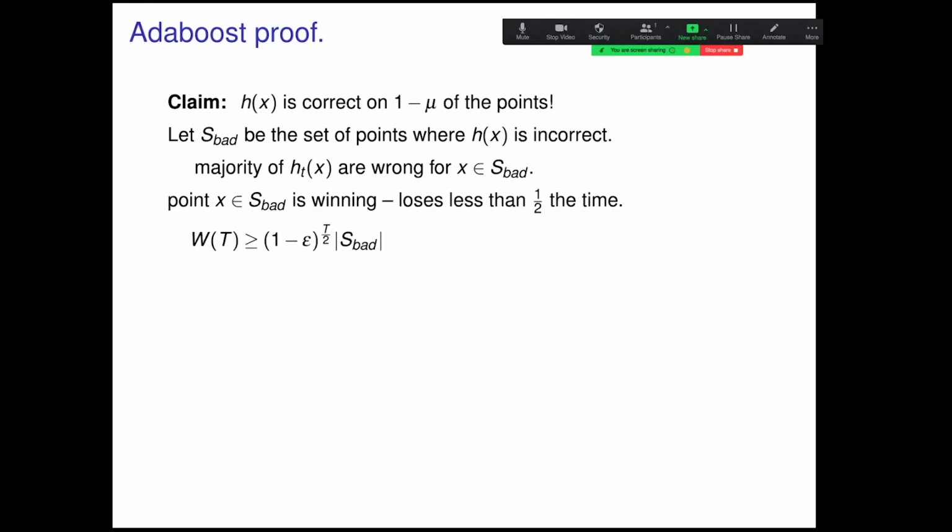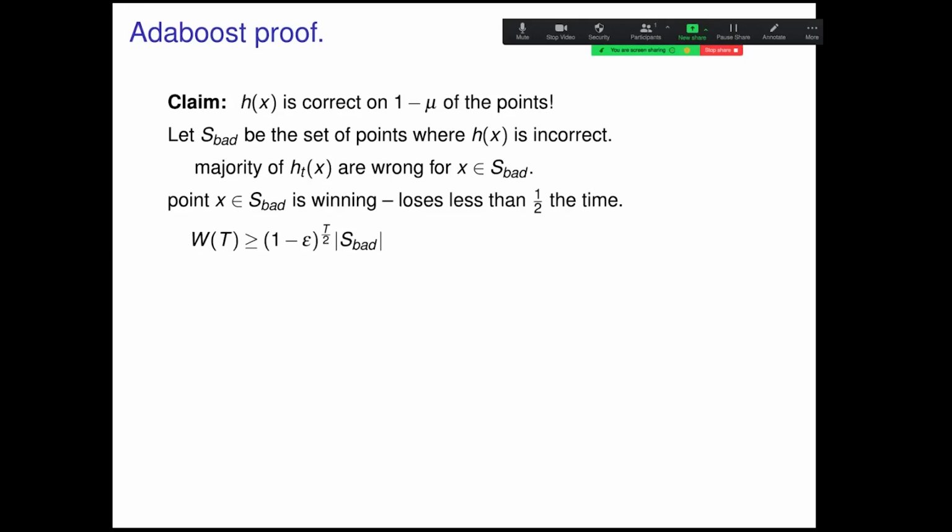Okay? So this tells you that for these bad points, what is their weight? What is the weight for the bad points? For each one of them, what did their weight start out being? 1.